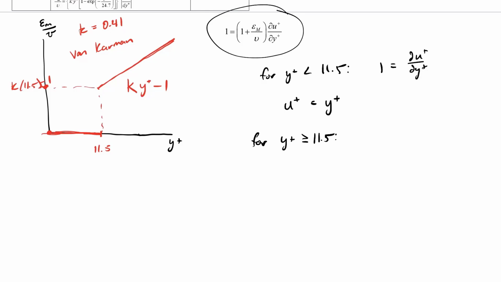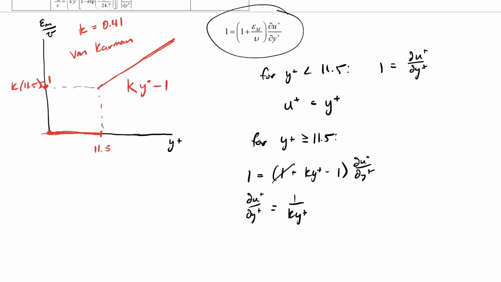Let's substitute back. Now we have kappa times y plus minus 1. We substitute in, so that becomes 1 equal to 1 plus kappa times y plus minus 1 times du plus dy plus. Simplify that out, and du plus dy plus is equal to 1 over kappa y plus.